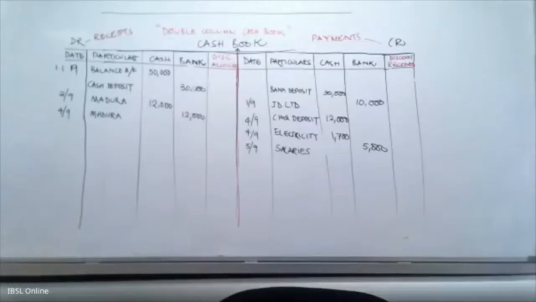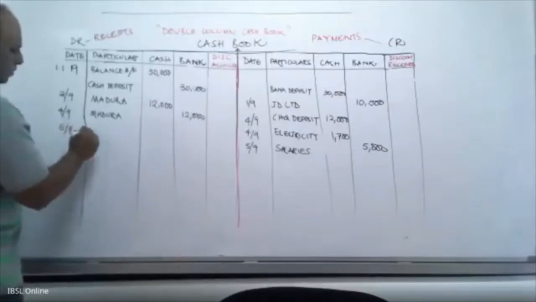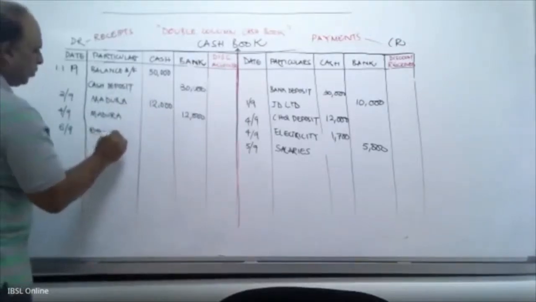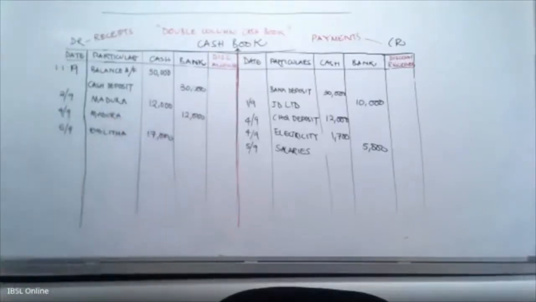Then on 6th September, again, you have received a check from Co-leader. So 6th September, it is the same as what you did for Madura. So Co-leader, you will say 17,000, and that is the only transaction that has happened on the 6th.